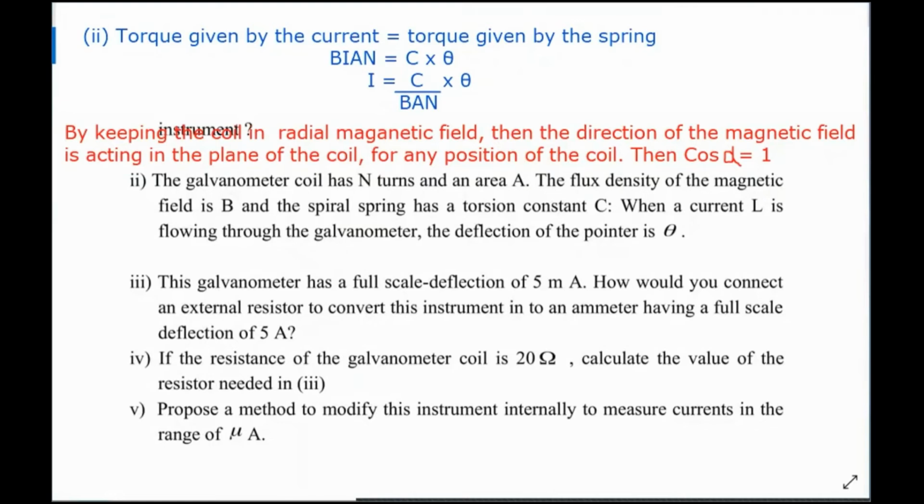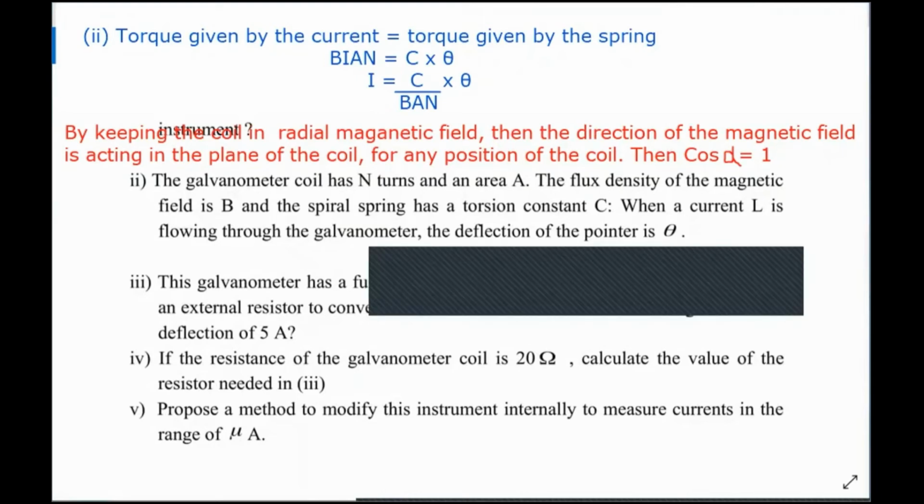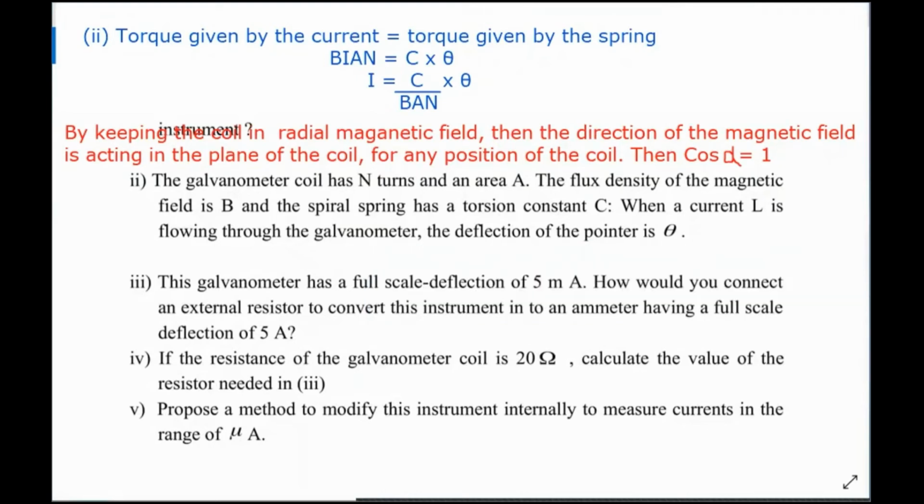Clear. Sometimes it's blurry, but it's manageable. If video is not clear, you can adjust it. But if audio is lagging, you must tell me, because I am explaining the things here. So audio is more important. If audio starts to lag, please quickly send a message to the Zoom chat. Okay.